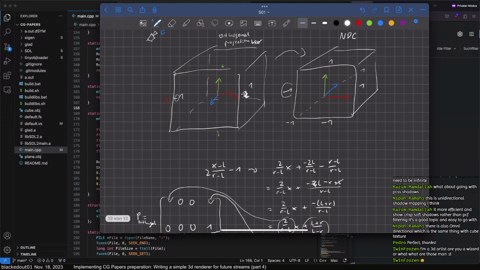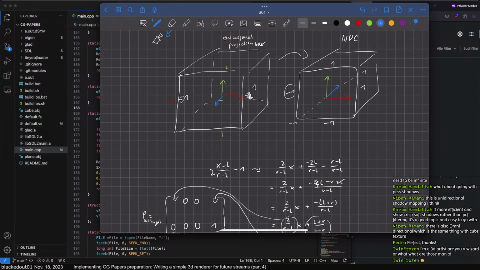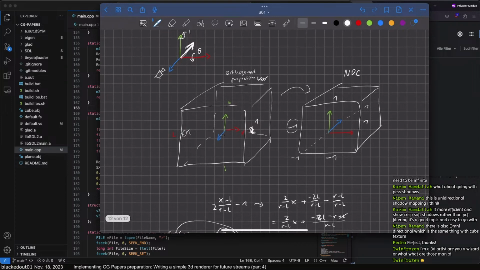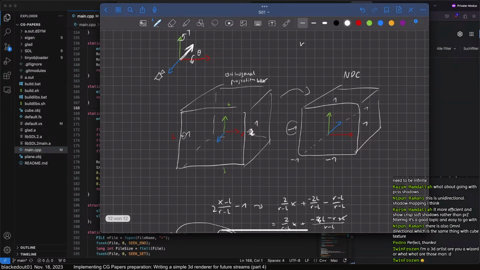Now the only really a bit more difficult part is the Z transformation. In theory, it's exactly the same, so it's really as complicated as the other ones, but the only problem is normally when you define these matrices, you define your near value and your far value. For example, this could be 0.1 and this could be 100.